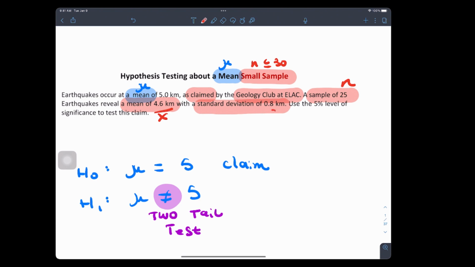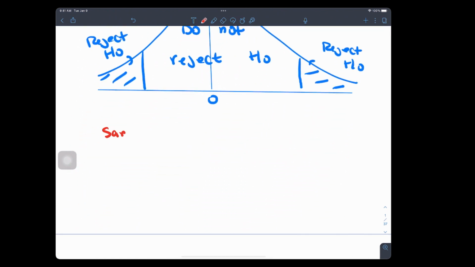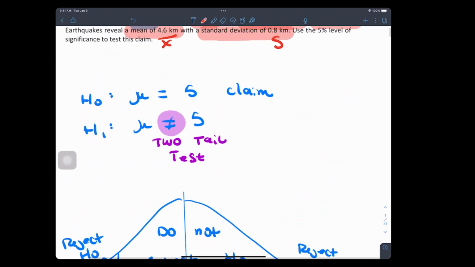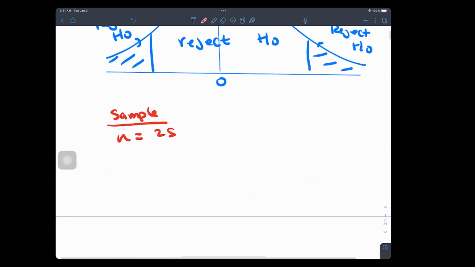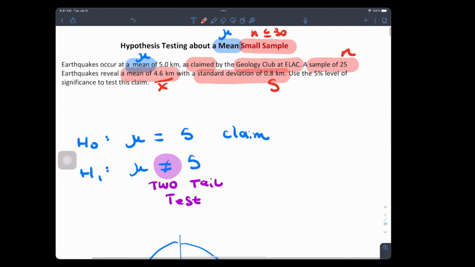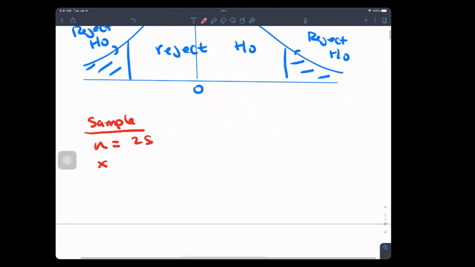And it's a standard deviation from a sample, so that's s. So your sample information: what was the sample size? 25. What was the sample mean? 4.6. Okay. And then what was the sample standard deviation? 0.8.